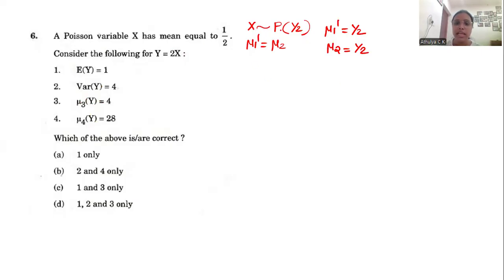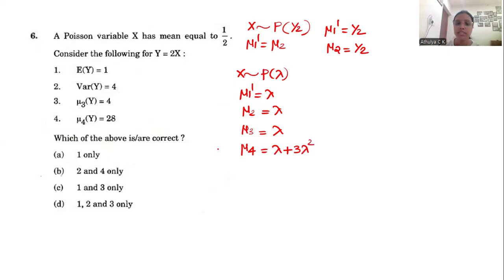If a random variable x follows a Poisson distribution with parameter lambda, then mu1 dash will be lambda, mu2 will again be lambda, and mu3 will also be lambda. So for a Poisson distribution, the mean, variance and mu3 values will be lambda, and mu4 is equal to lambda plus 3 lambda square.